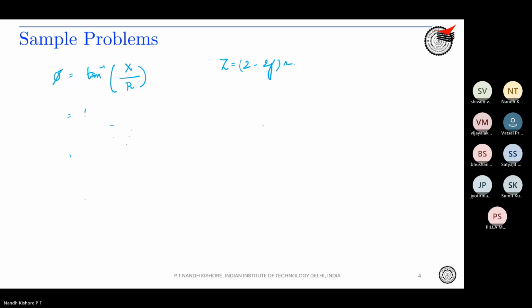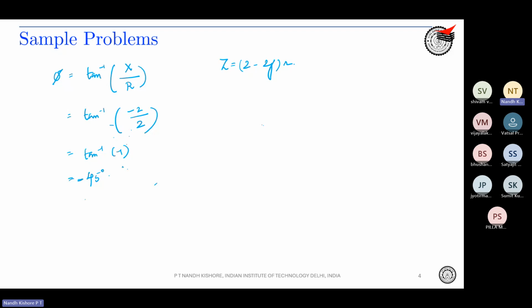So tan inverse of minus 2 by 2, that is tan inverse minus 1, which is minus 45 degrees.